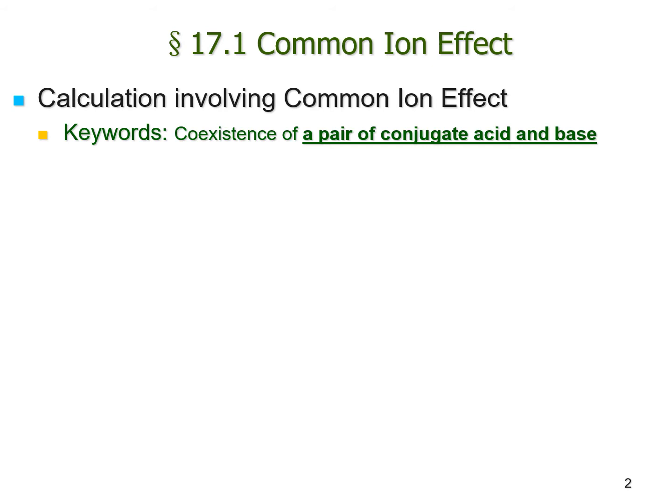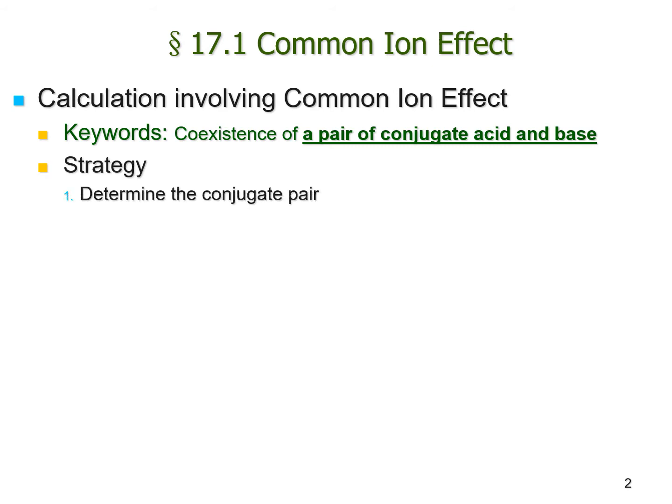But in our course, most likely, when we study or calculate the common ion effect, the concentrations of the pair of conjugates are usually given. So it is very important for us to realize we do see a pair of conjugates in that part of a calculation problem. That gives us the hint to realize this is a calculation about the common ion effect.